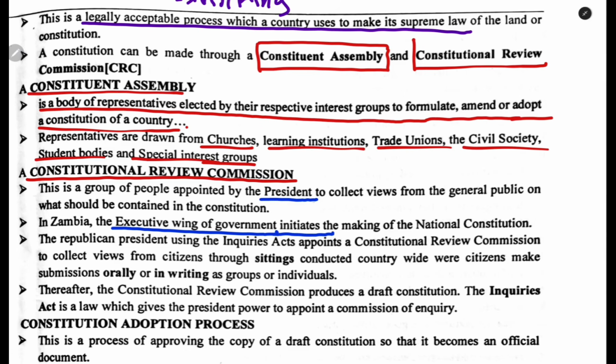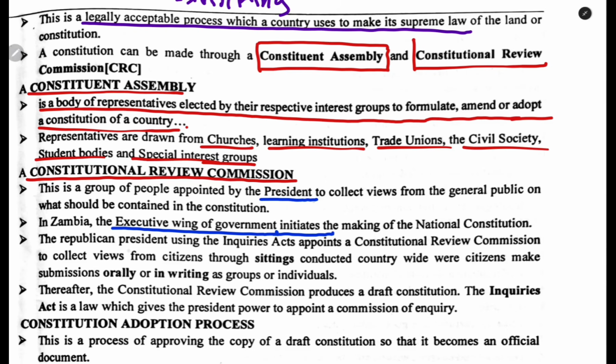And you know that the executive, we are talking of the cabinet, and the cabinet is headed by the president, who is the head of the executive. So the executive initiates the constitution making process. And in this case, the president has the power to appoint the Constitution Review Commission.